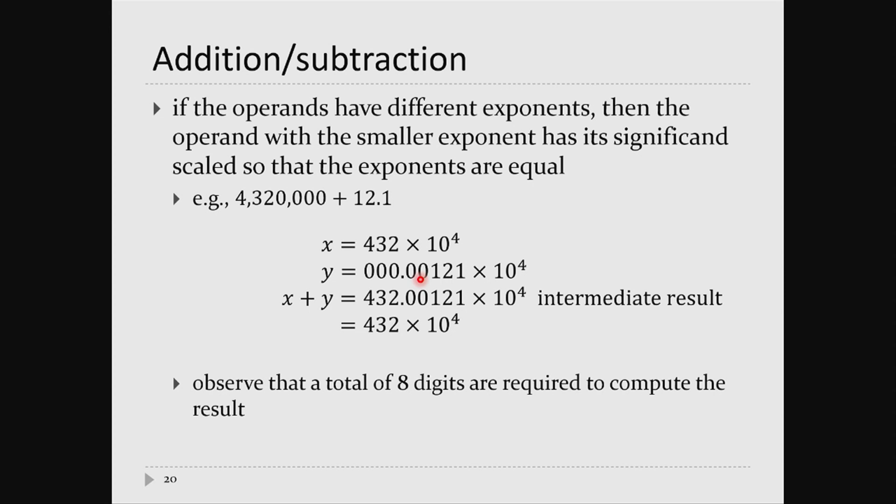Just move the decimal place 4 digits over to the right, you'll get 12.1. Compute the intermediate result, keeping all the digits. So you get 432.00121. And then round to 3 significant digits. And notice what has happened here.